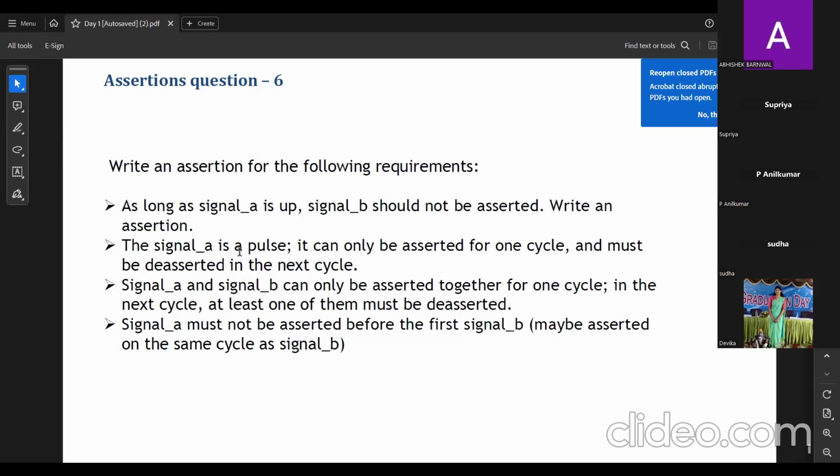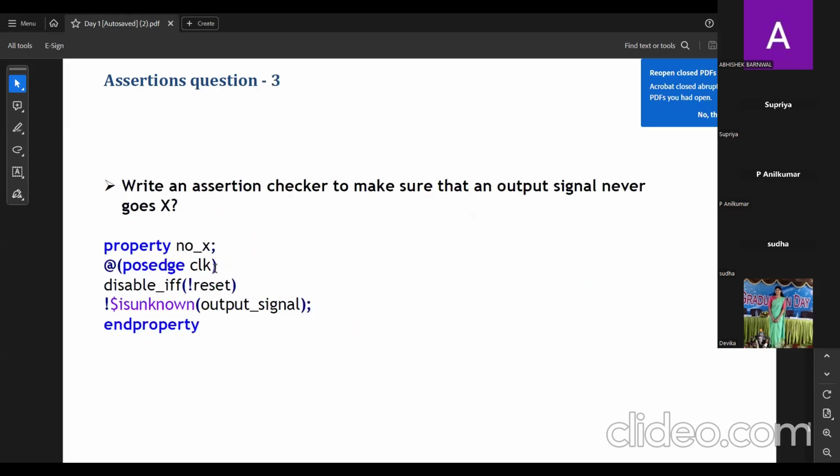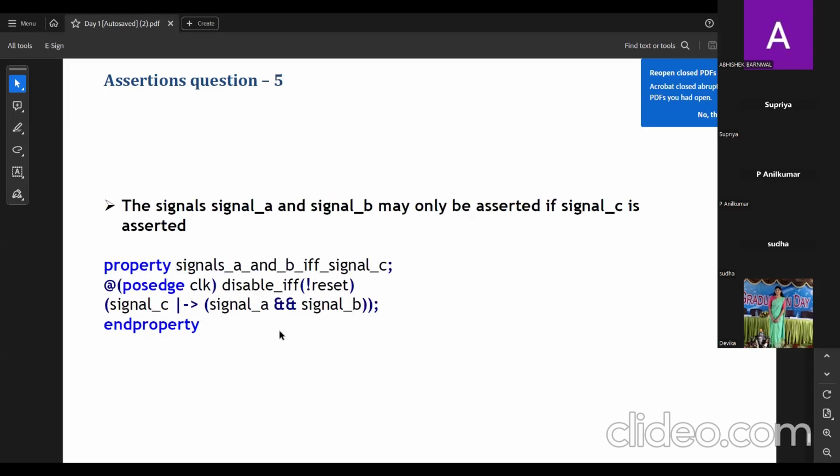We have also gone through disable iff, and the different types of operators.